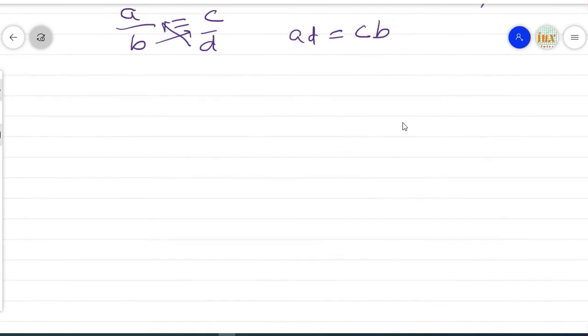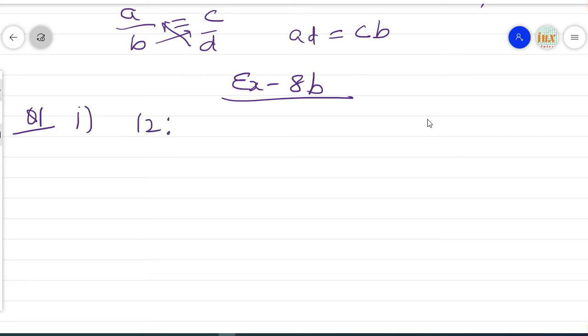So, let's start with exercise 8B. I am taking question number 1, first part: 12 is to 18 is equal to 8 is to 12. We have to verify whether they are in proportion or not.